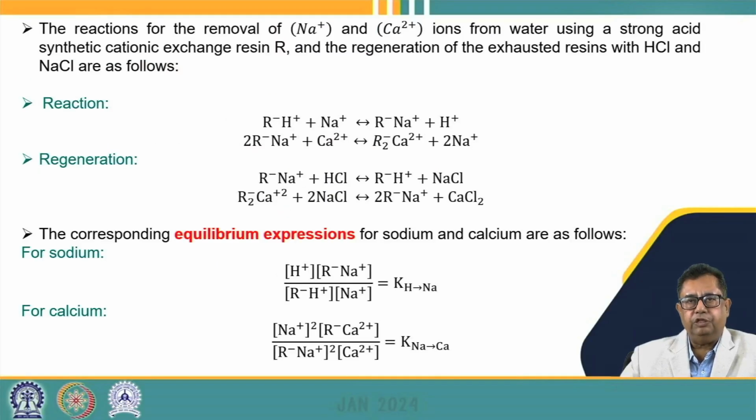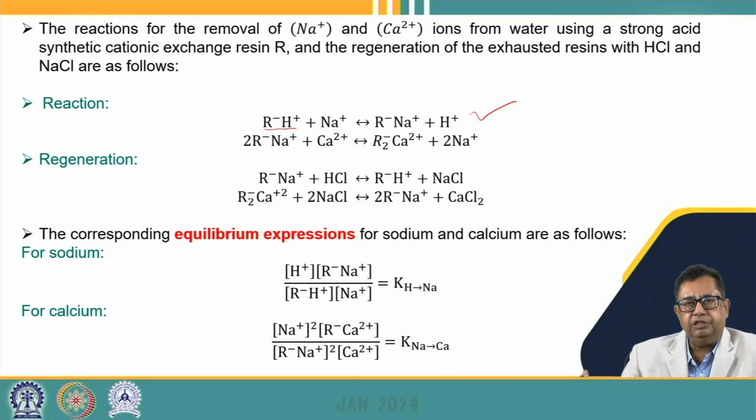As we go further, we can write down the removal of sodium and calcium from water by using a strong acid synthetic cation exchange resin, and the regeneration of the exhausted resins with HCl and NaCl. We can write down the reaction when we have R minus H plus as the resin.